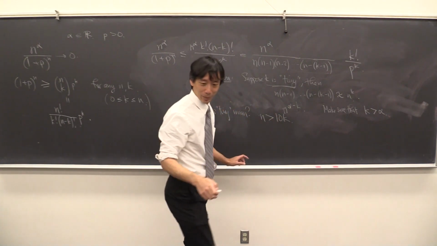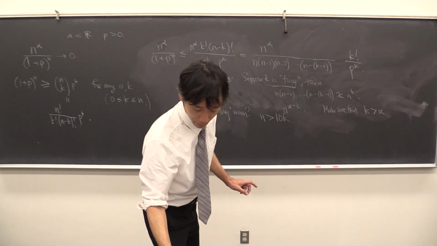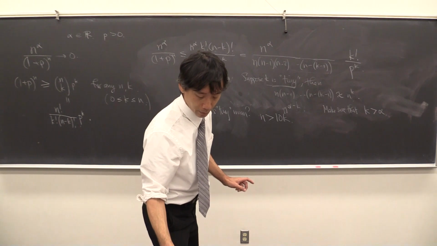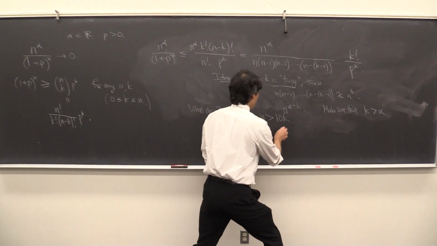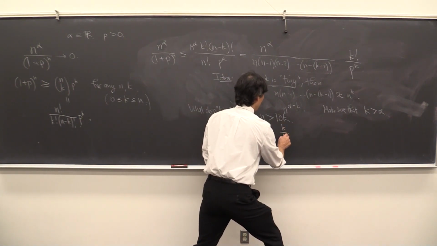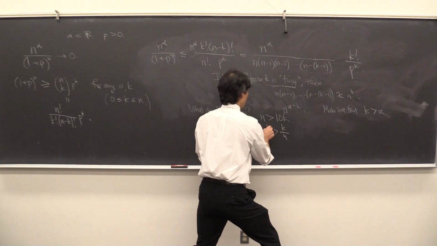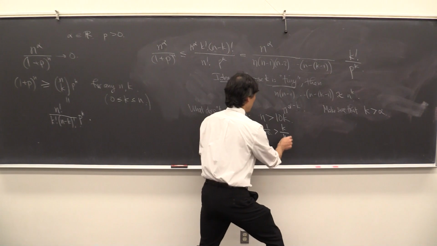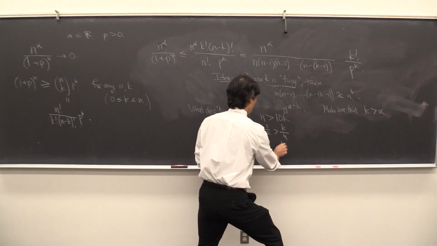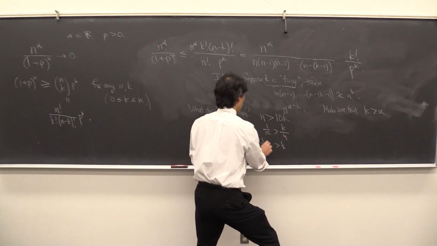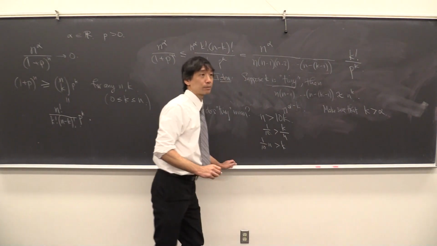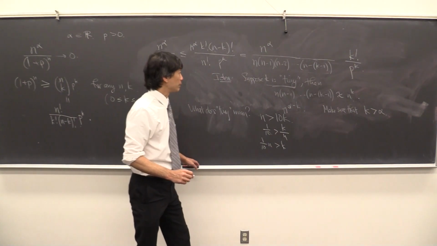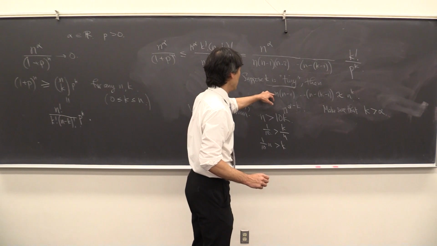Then of course k over n is smaller than 1/10. In other words, k is smaller than 1/10 of n.